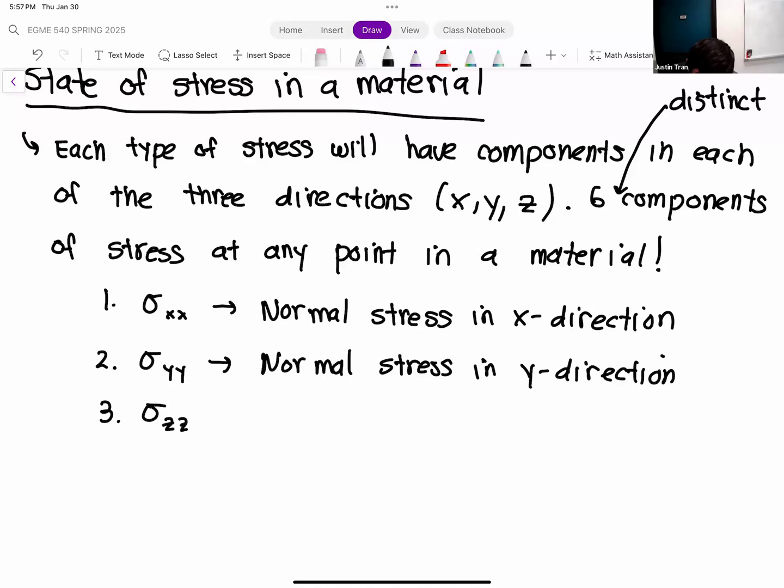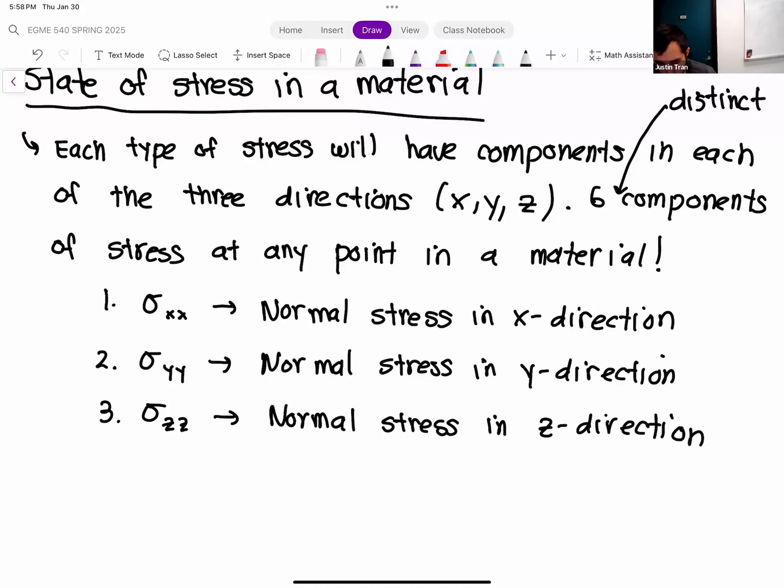Sigma zz, which is normal stress in the z direction. So those are pretty straightforward. The normal stresses have 3 standard components, 1 in each cardinal direction.